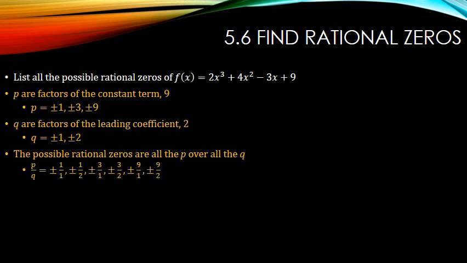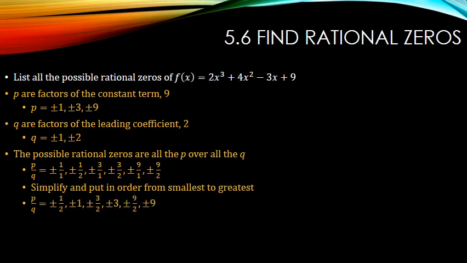So it'd have 1 over 1, 1 over 2, 3 over 1, 3 over 2, 9 over 1, 9 over 2. And then I simplify them, like this is 1, that's 3, it's 9. And I put them in order from smallest to greatest. And so that's our list.